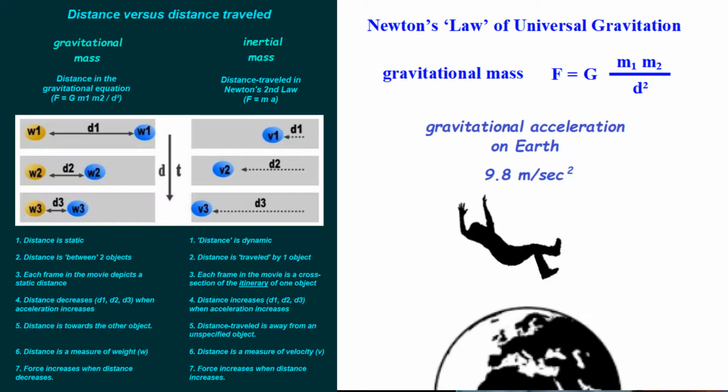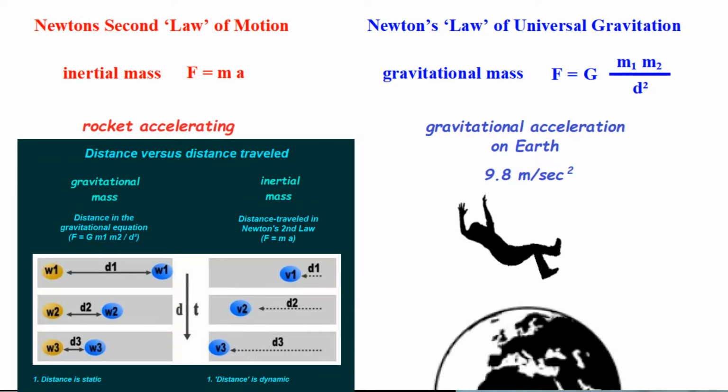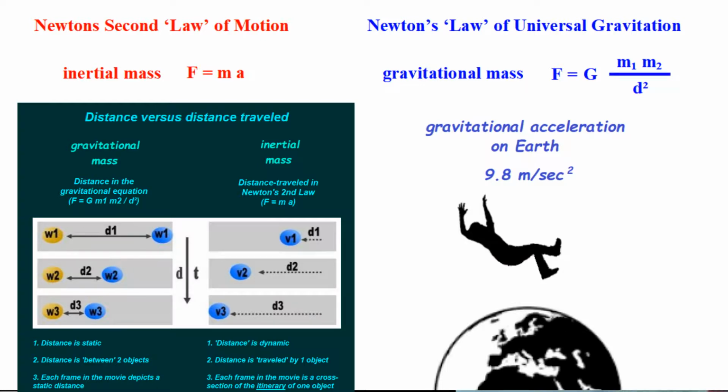And no mathematician, from Newton to Hawking, passing through the greatest mathematicians on earth, such as Maxwell and maybe Einstein, realized the qualitative difference between Newton's first law, and let me pull it down a little bit, and Newton's second law. Newton's universal law is weight, and it's a gravitational mass.